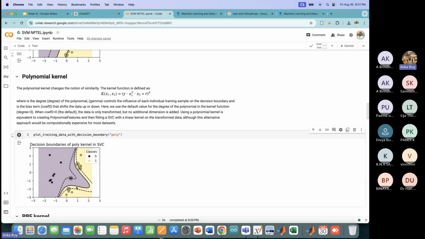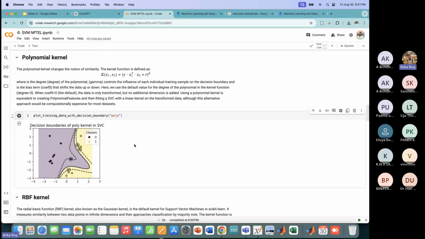So if your data is non-linearly separable, it is always preferable to use polynomial kernels, because linear kernels will not be able to serve the purpose in most cases.